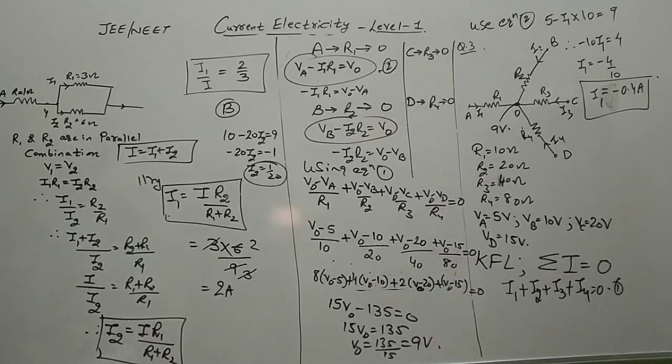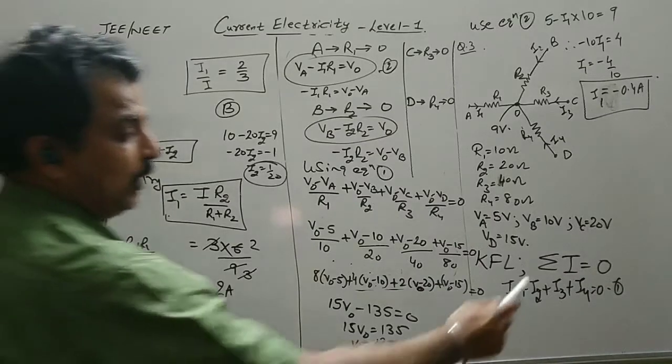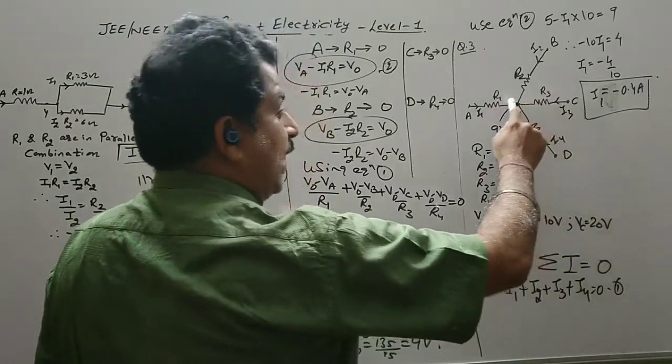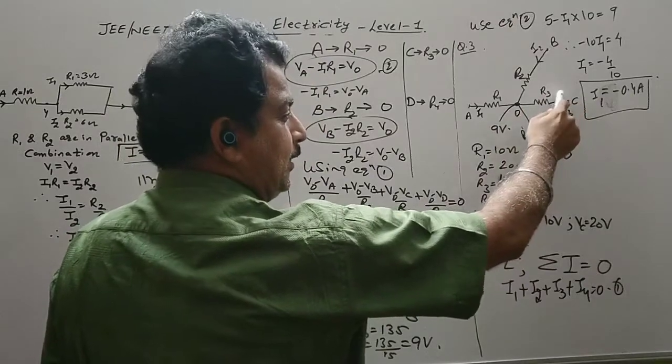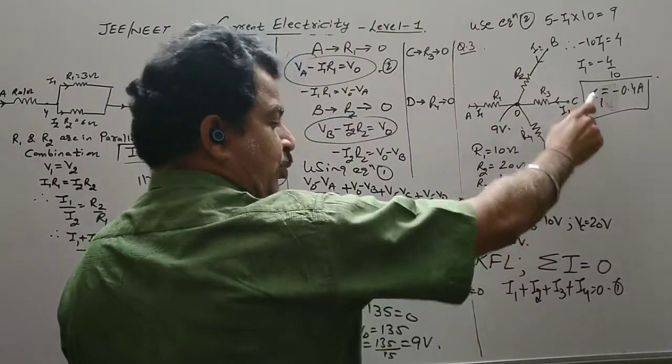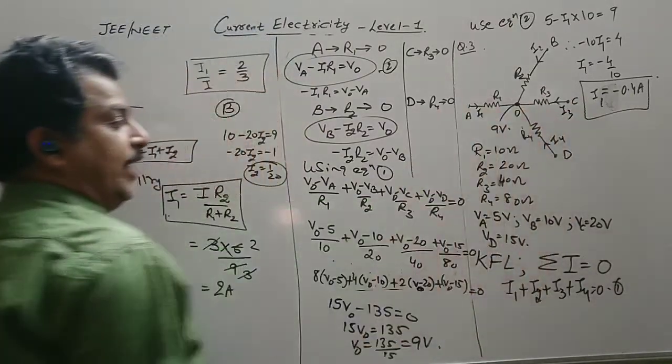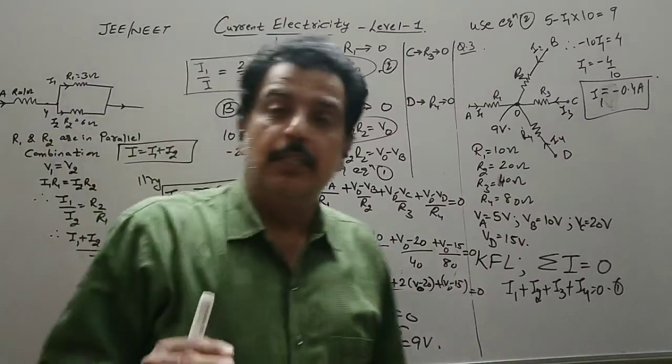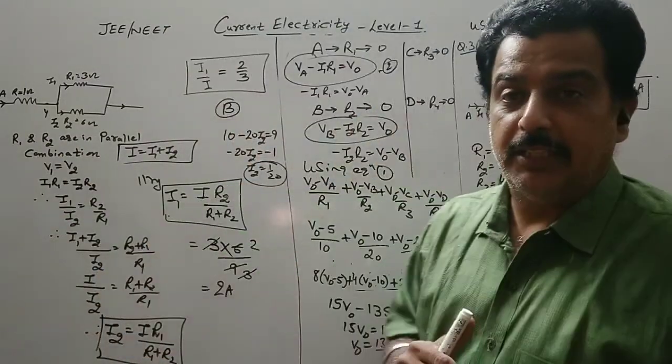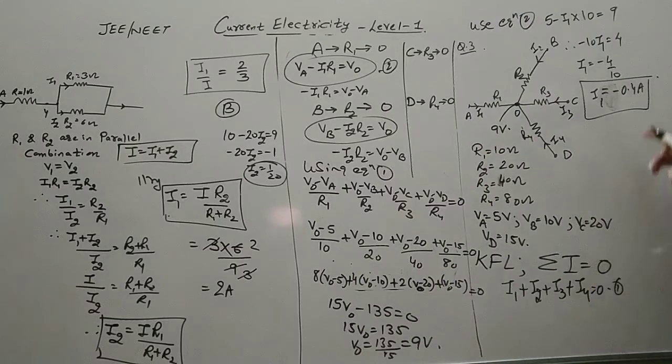Then I3, you see the potential is 20 volt and this is 9 volt. So again I3 will come out to be correct, that is positive. This is 15, this is 9. But it is not the case with I1. So I1 is minus 0.4 ampere. So the minus sign indicates the direction.